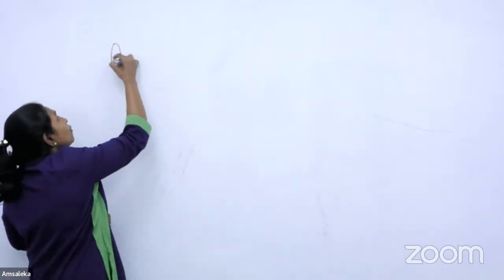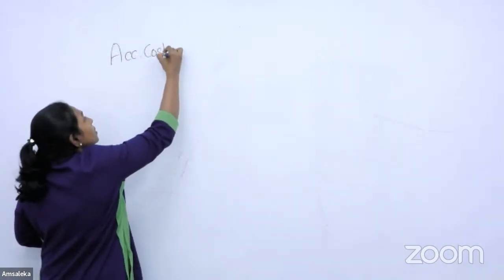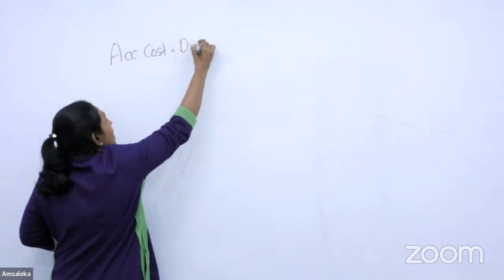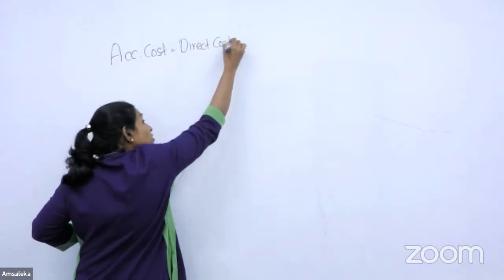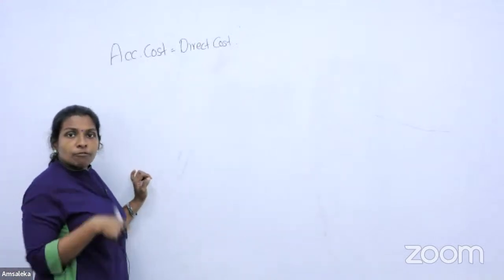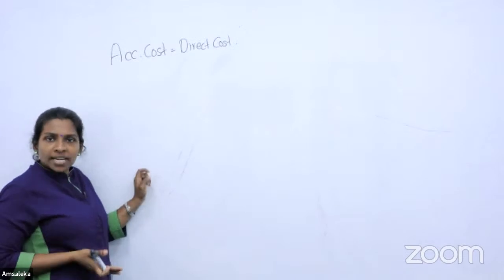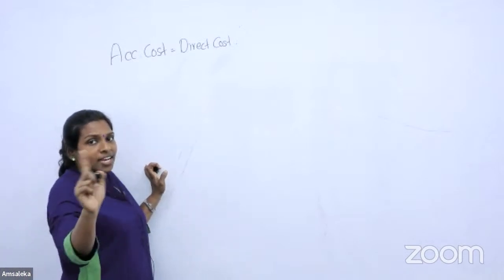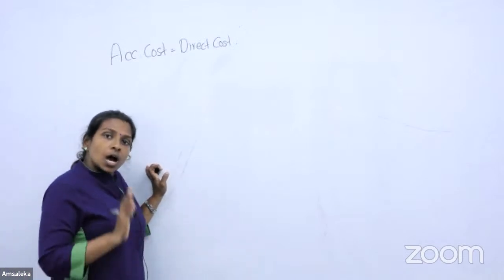Now, economic cost and accounting cost. If you go for accounting cost, it is only direct cost, because you record only what you spend as money. Don't think of financial accounting, cost accounting, or management accounting. I did not mean any specific subject.